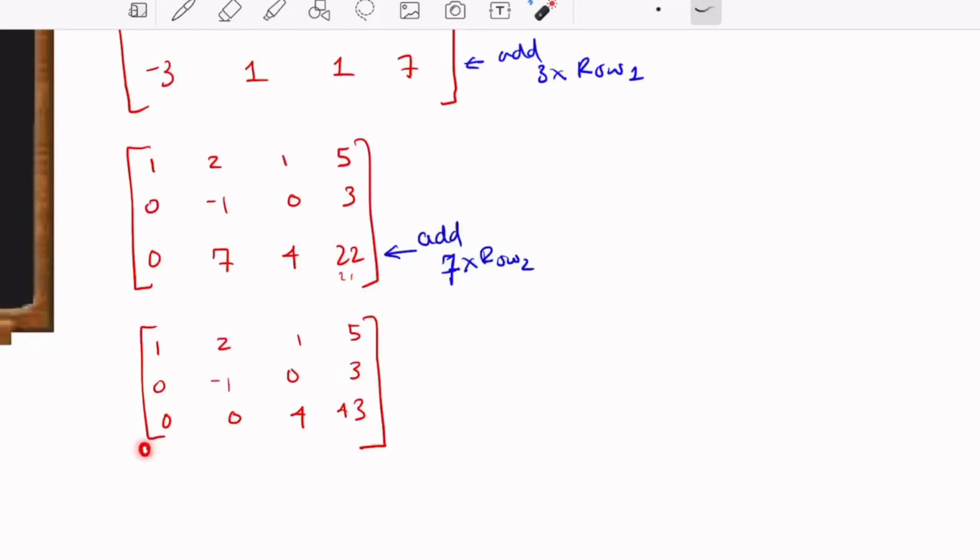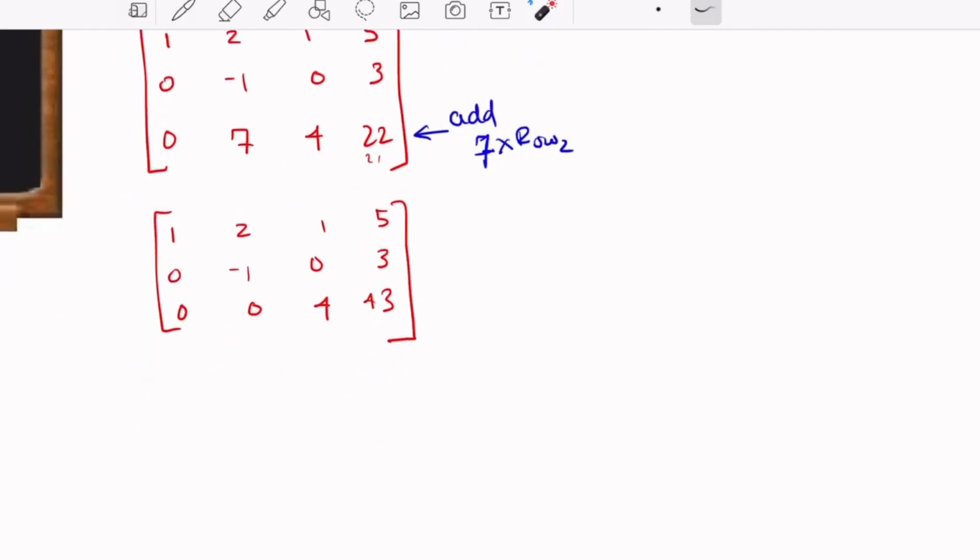This is exactly what I was wanting. I wanted this pattern here so that only the leading things have values. Now let's convert back to a system, because here what we have is a matrix.